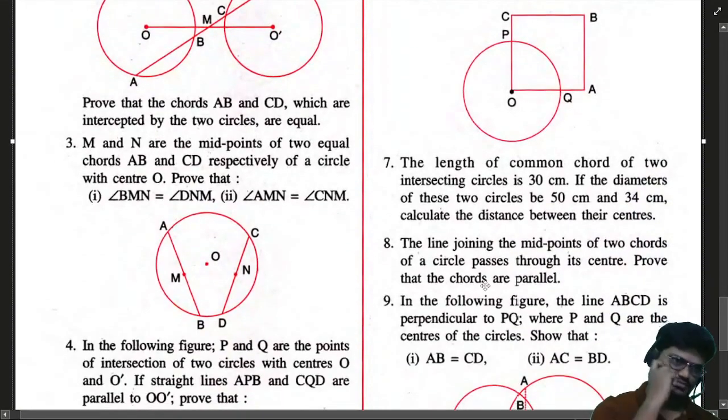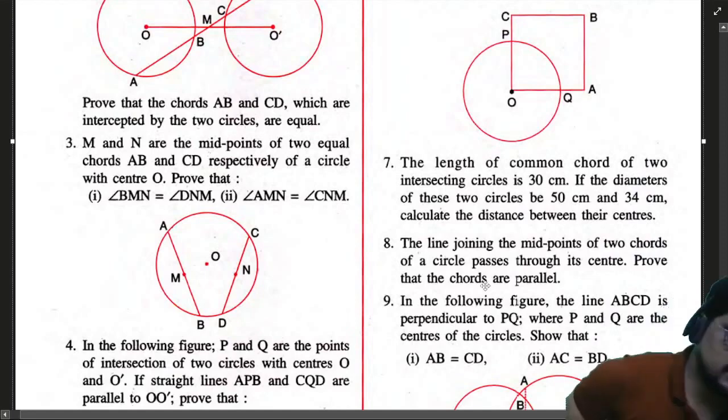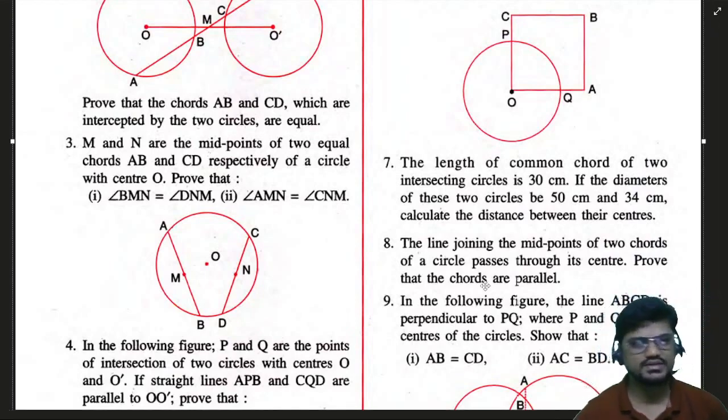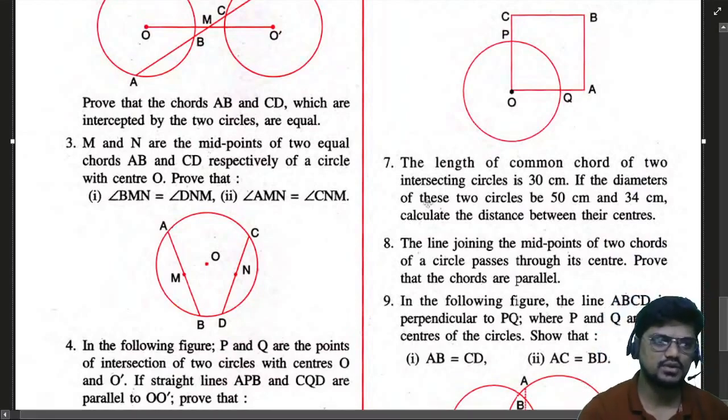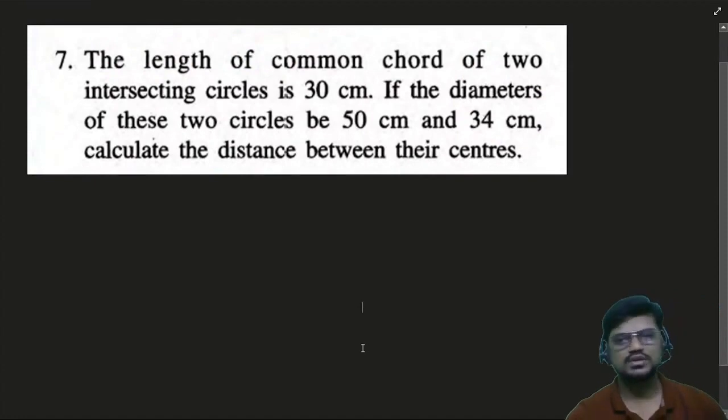The next: the length of common chord of two intersecting circles is 30 centimeters. If the diameters of these circles are 50 and 34, calculate the distance between their centers. What have they given?